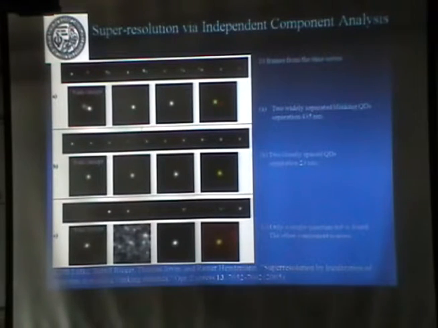If you have signals coming from different locations and you want to know which one comes from where, you can do this processing and separate signals. So here it shows that you can separate two quantum dots, even though they are very close.